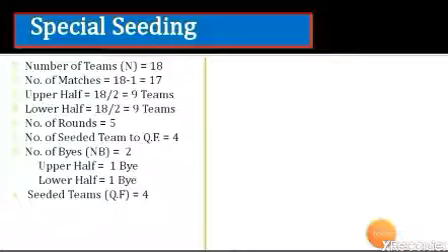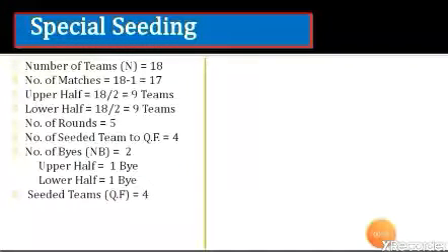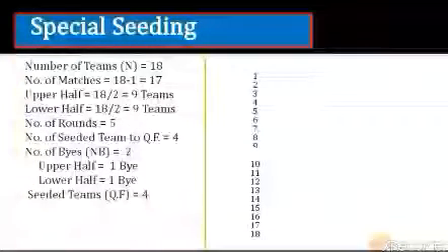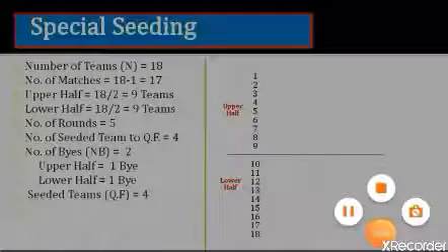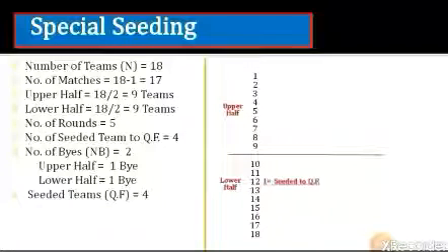After the calculation, we draw the knockout fixture of 18 teams. First, we list the total number of teams in ascending order. Then we divide the teams into upper half and lower half. After that, we place the seeded teams.